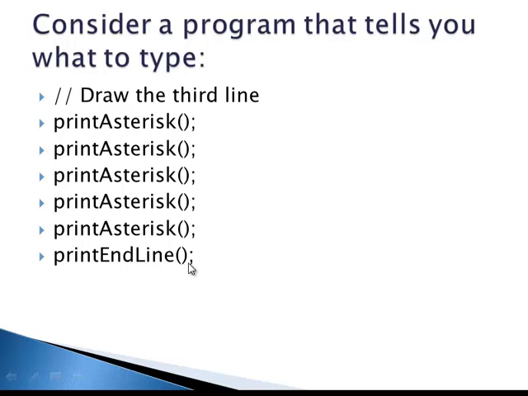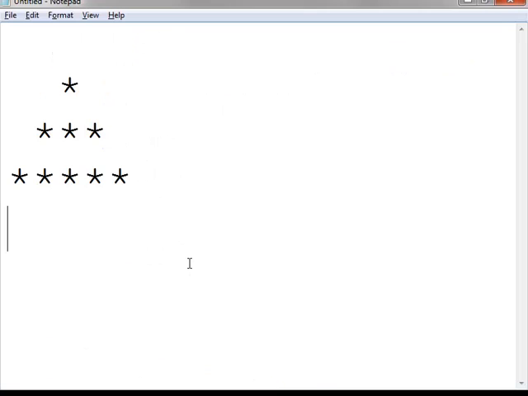And each time we have to end the line because we have to go down to the next line. If we didn't end the line, then our asterisks would be an asterisk and then a space and then 3 asterisks and then no spaces and then 5 asterisks. So we had to end the line after each line of output that we gave this.